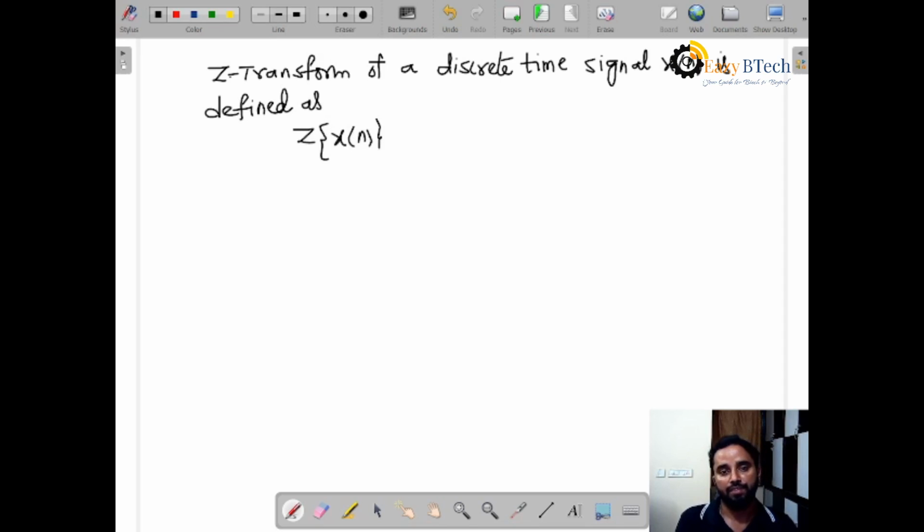Z transform of x of n is equal to capital X of Z, equal to summation n equals minus infinity to plus infinity of x of n into Z power minus n. So this is the Z transform formula or Z transform definition. It is the Z transform of a discrete time signal x of n, right?